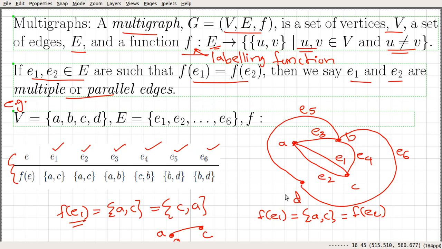So E1 and E2 are multiple or parallel edges. Similarly, you can also see that f of E5 is equal to f of E6, so E5 and E6 are also parallel edges. Okay, so this is how we formally define a multigraph.